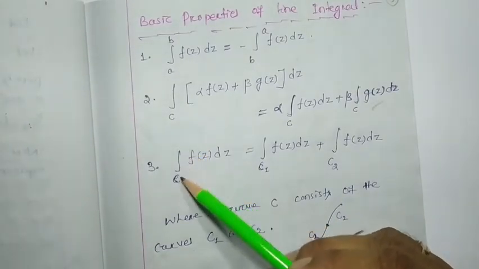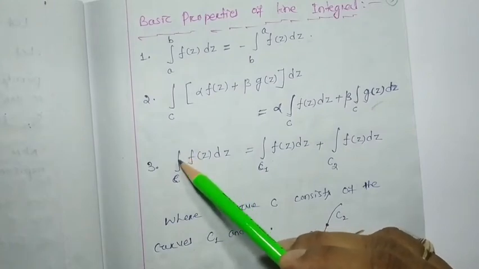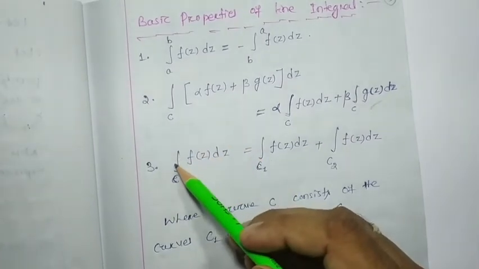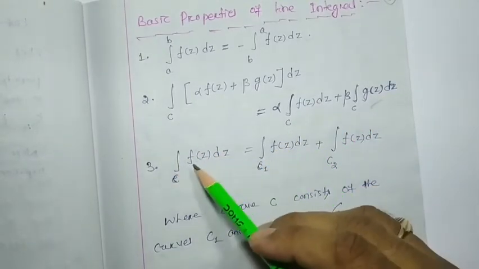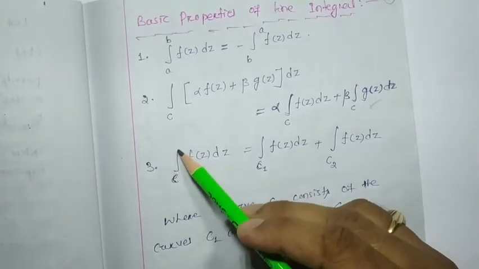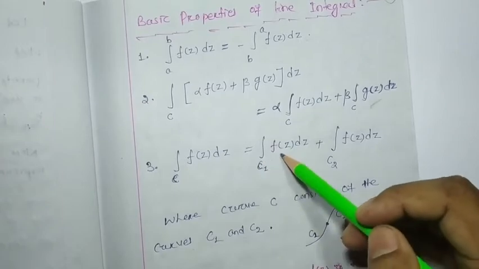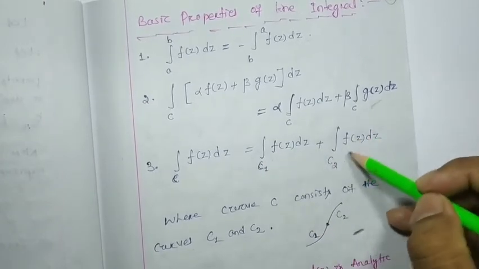See, this is not closed. If this circle is present, then we can say it is a closed integration. The curve integration, or contour integration, or line integration, of f(z) dz over C equals the integral over C1 of f(z) dz plus the integral over C2 of f(z) dz.